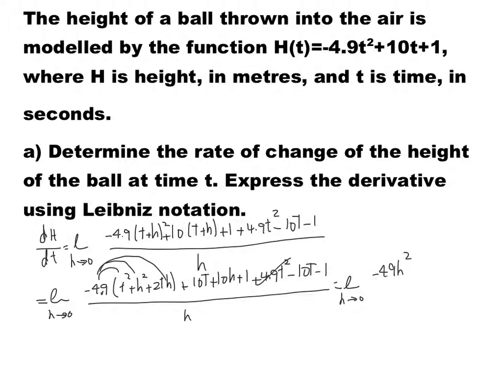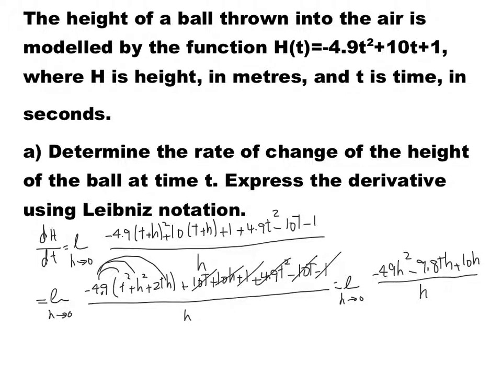Then we get negative 4.9 times 2th, which is negative 9.8 th. Then we have 10t here, and with this 10t, they cancel each other. Then we get 10h, so plus 10h. And then we have 1 minus 1, they cancel, divided by h.